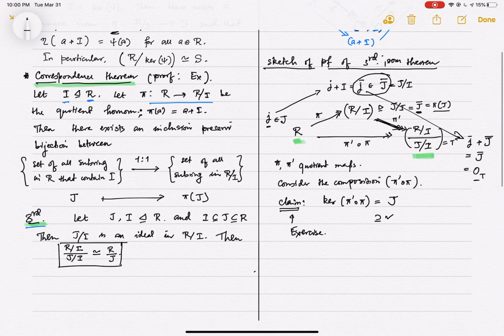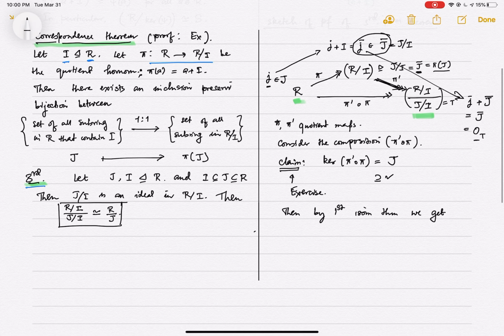Once you know that, then by the first isomorphism theorem, we get that R mod... Let me just draw the picture for you again. I have R mod I mod J mod I, and I have this map pi prime composed with pi, and the kernel of this is J. That was the claim.